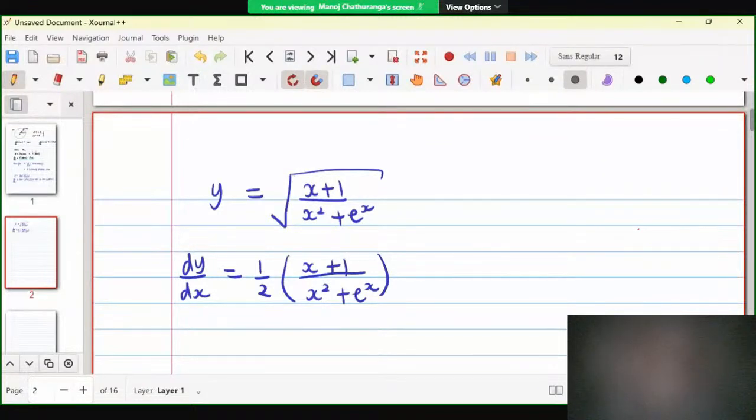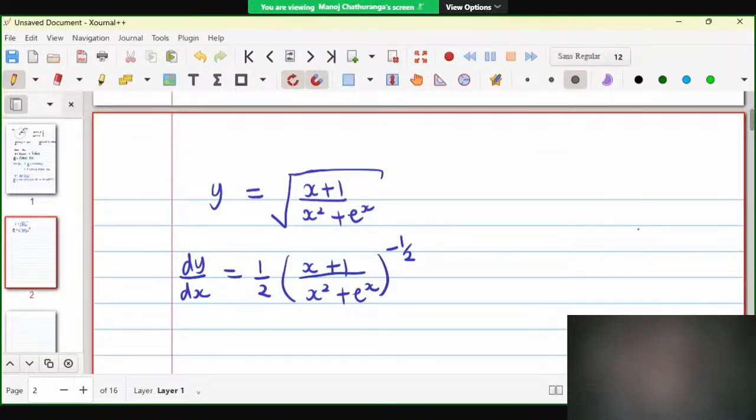So 1/2 minus 1 is -1/2. Now we are done with the outer part, and we need to differentiate the inner function.